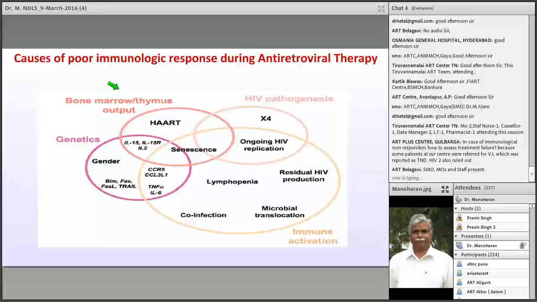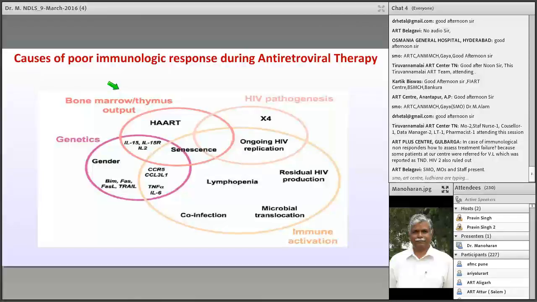Coming to insufficient thymic activity, there are articles talking about the use of interleukin 7. Interleukin 7 is a good candidate because it promotes maturation of thymocytes, their survival, and the function of T cells, as well as the homeostatic expansion of all T cell subpopulations.